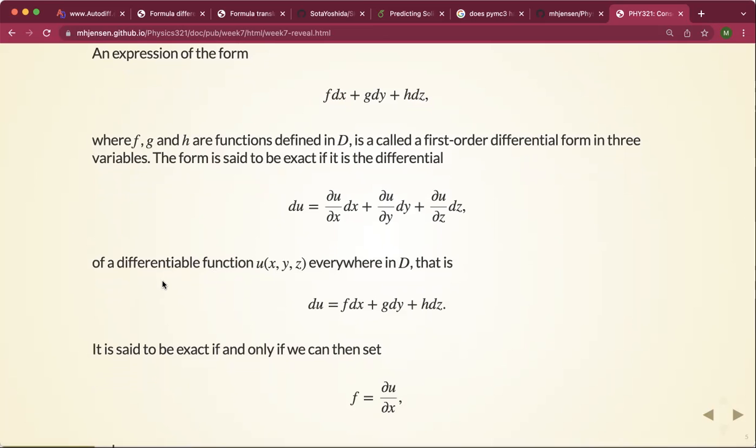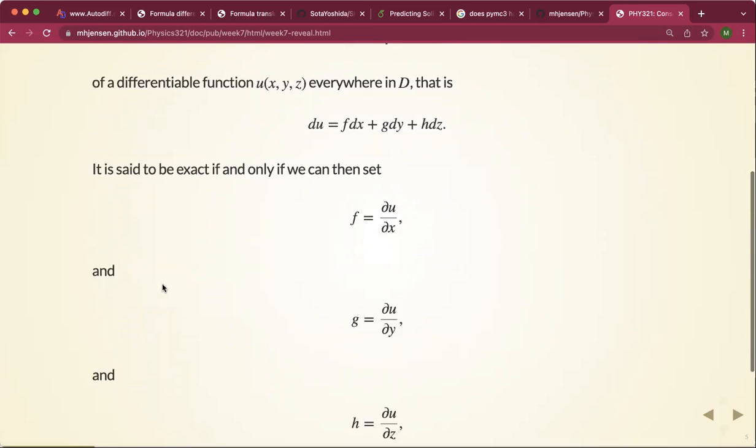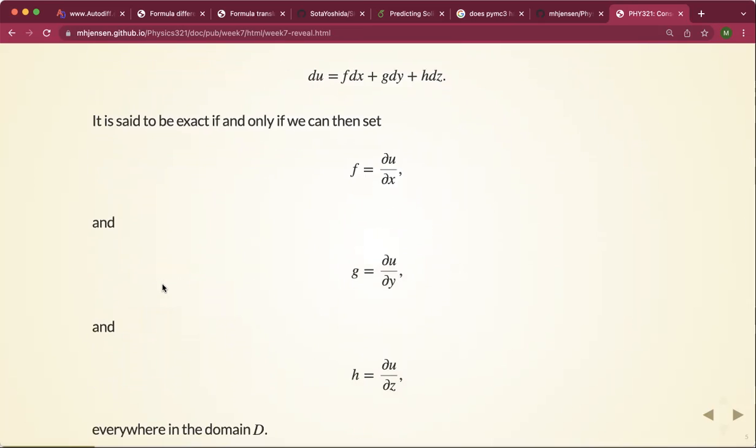It is exact if and only if we can do this everywhere in that domain. These are the assumptions made in order to derive this result about the independence of the path. In our case, this u is going to be related to the force which acts on an object. These are just some mathematical assumptions.